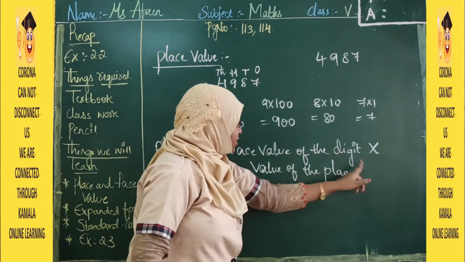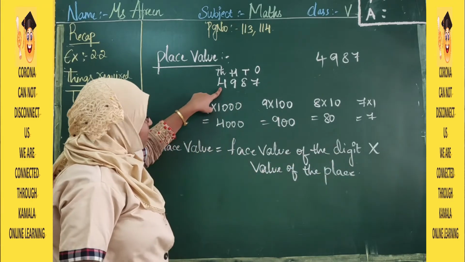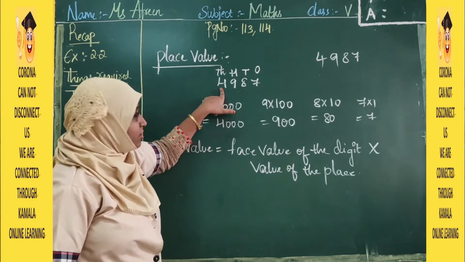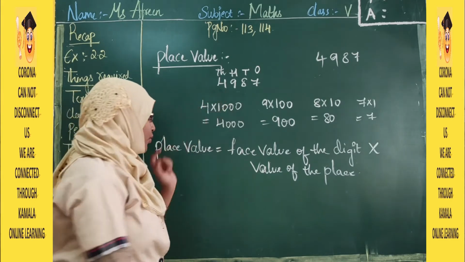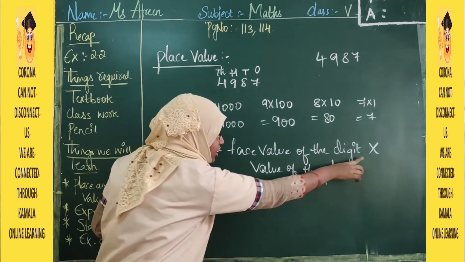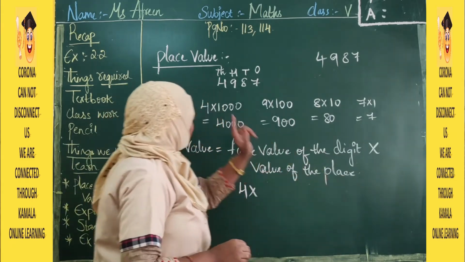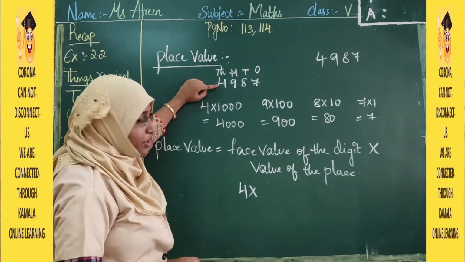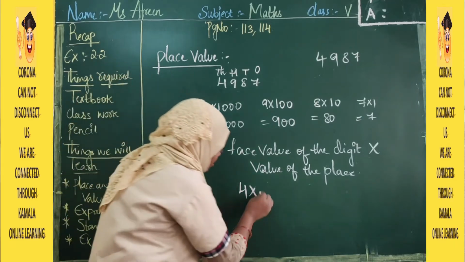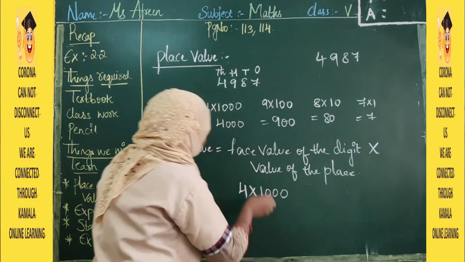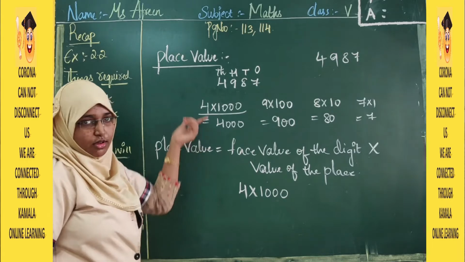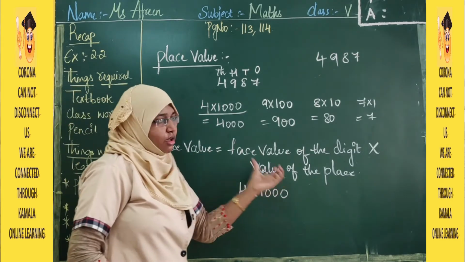Now taking the face value of the digit starting from the first, the face value is 4. 4 is multiplied by the value of the place. It is in the thousands place, so into 1000. This is what we have done here: 4 into 1000. This is just like a formula.